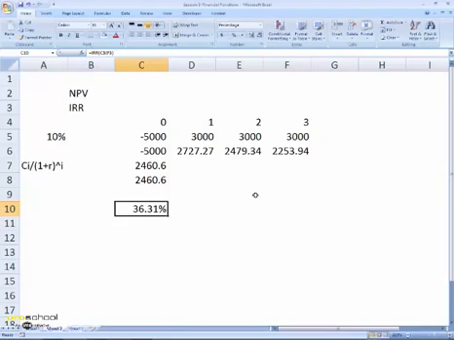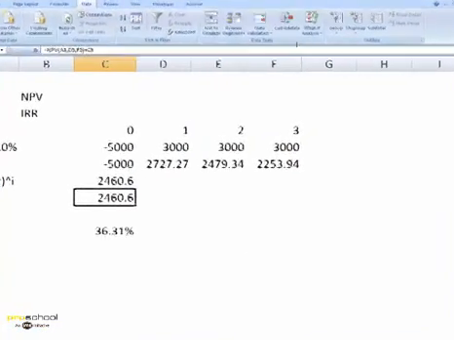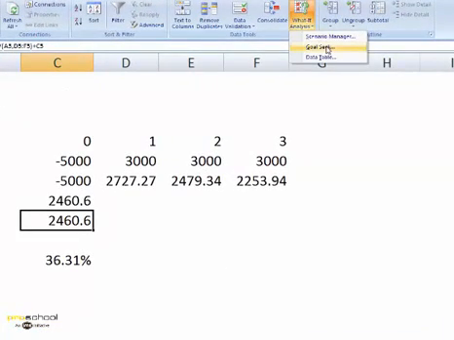Or there's an alternate method. By using the definition, it is that discount rate at which NPV is 0. So we have calculated NPV here. And if you remember, we have done something called goal seek. So you can also calculate IRR using the goal seek option. Let's look at this. So I go to Data, go to What-If, and Goal Seek.